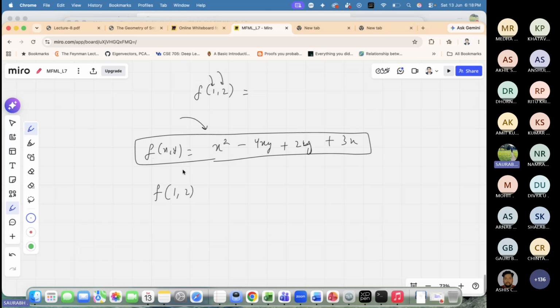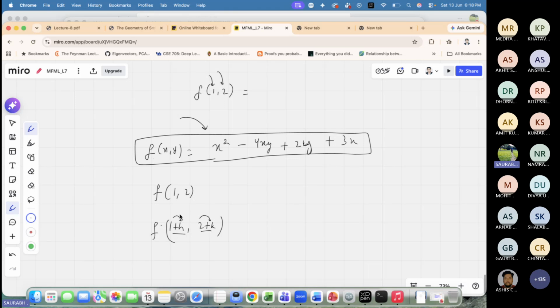Around point meaning 1 plus h and 2 plus k, some distance away from 1, some distance away from 2. That's what you will have to find out: f of 1 plus h, 2 plus k.